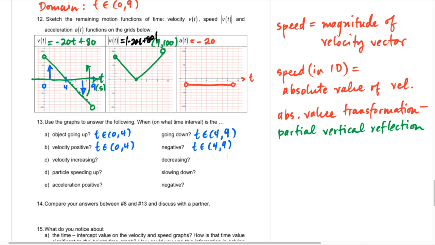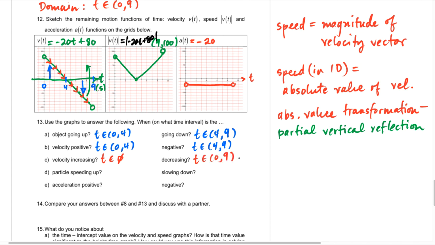Is the velocity increasing? Well, if we take a look at the velocity graph, because of the negative slope, the line is always decreasing from left to right as time increases, and therefore the velocity is never increasing. So we say time is contained in the empty set. Meanwhile, the velocity is decreasing on the entire time domain from 0 to 9.